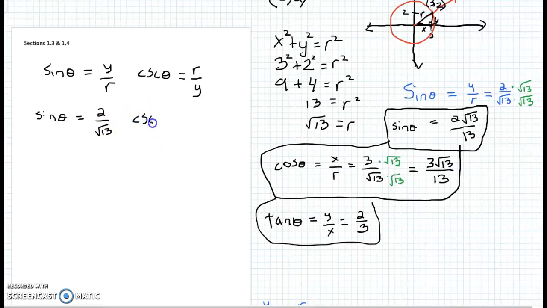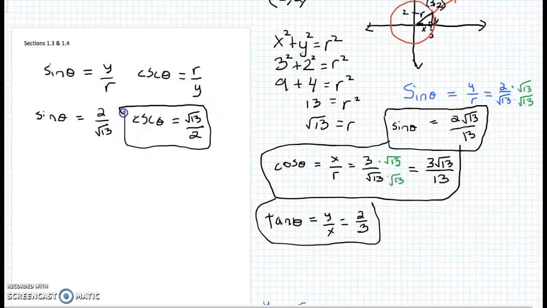You would get the value of cosecant, because you just flip over the fraction. The bottom becomes the top. Notice that if I use this, then the square root is in the numerator, which is preferable. So there we have the value of cosecant.